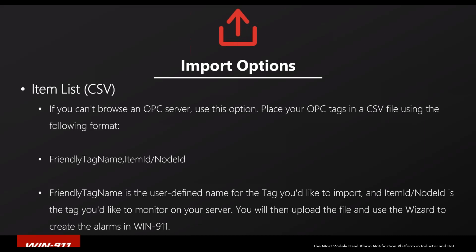Or maybe ClearSCADA, which has a ton of different tags, and the import may take a really long time to load all the tags. You can just put your items into a CSV file and then point WIN-911 to that file. It'll see the tags, and then you use the wizard I was just talking about to create the alarms in WIN-911. So you can either do the online import or use the CSV option, whichever one you'd like.